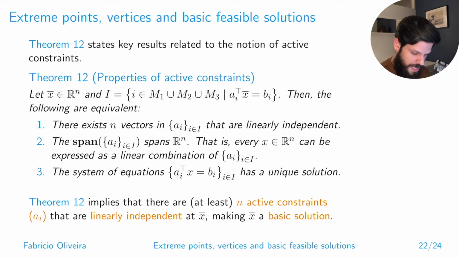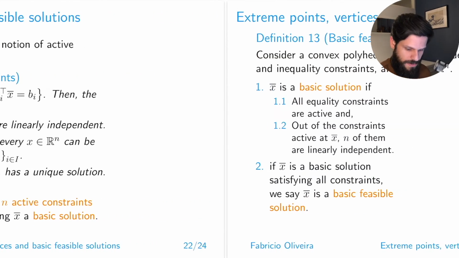Because you have n active constraints, you have n linearly independent vectors, and therefore they span Rn. So whatever point you are at such that the active constraints' normal vectors span Rn, it means that you are at what is called a basic solution. We'll have a picture of that to illustrate this a bit better.